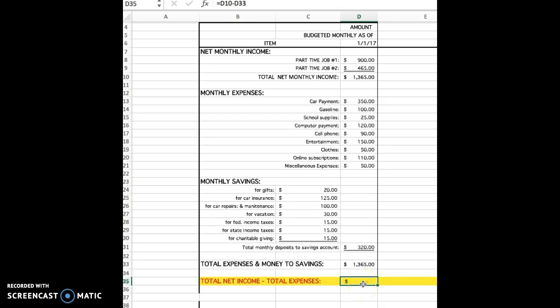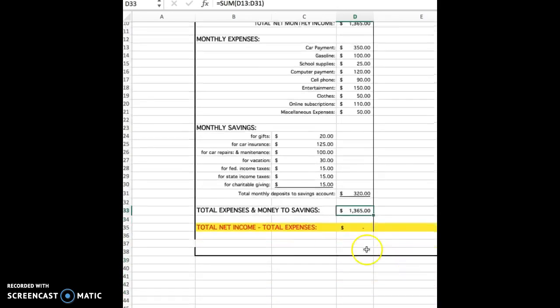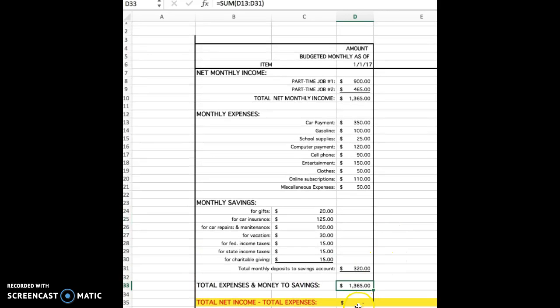And the formula at the top is D10, which is, again, column D, line 10, 1365, minus D33, which is this down here, column D, line 33. And that, when you subtract total expenses from total income, will be 0. And we've allocated every penny of our income.